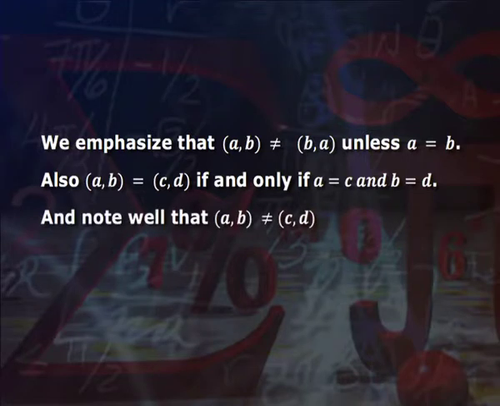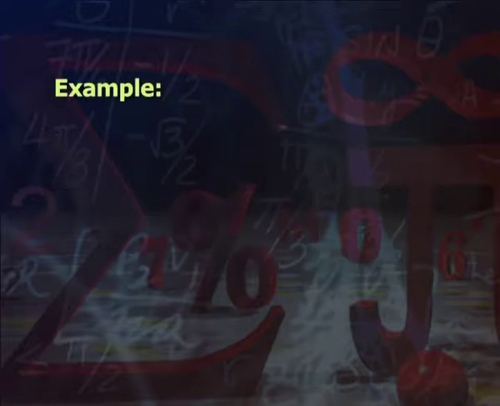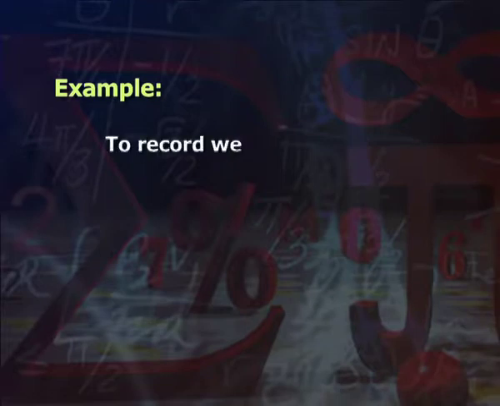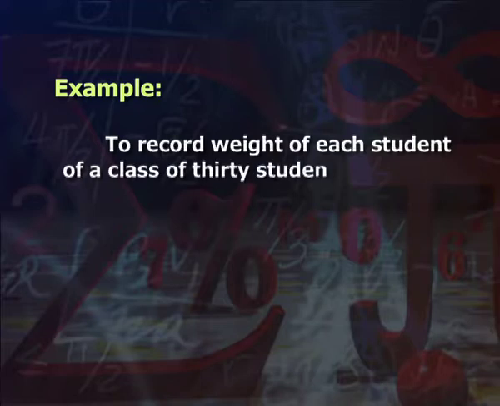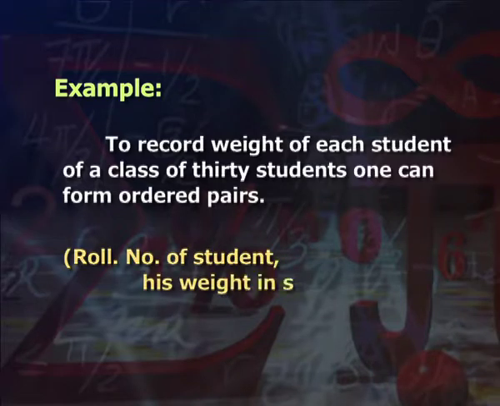And note well that (a, b) is not equal to (c, d) if and only if either a is not equal to c or b is not equal to d. As for example, to record the weight of each student of a class of 30 students, one can form ordered pairs: roll number of student and his weight in specified units.